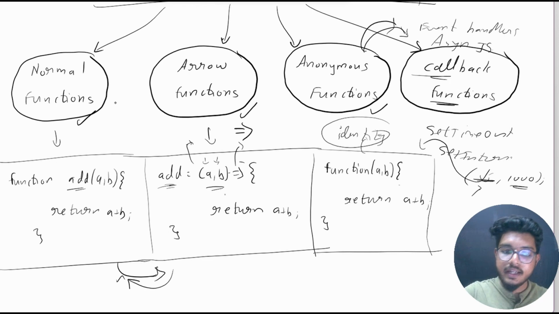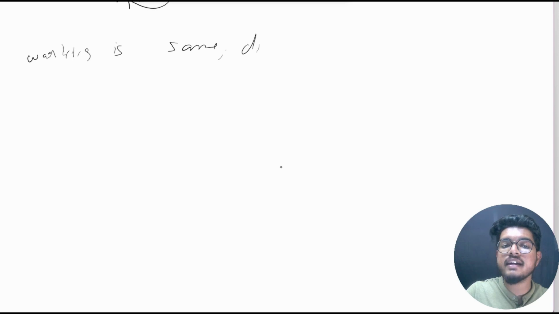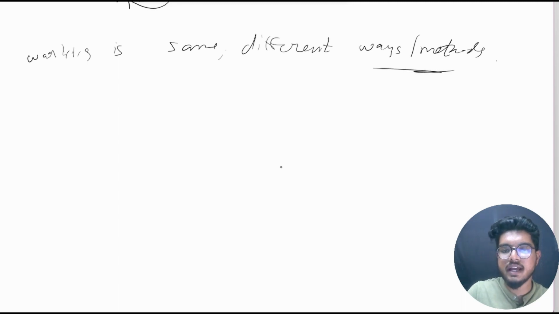I want to tell it again: all of these work similarly. The working is the same, but these are only different ways of writing. That's what I want to tell, as simple as that.